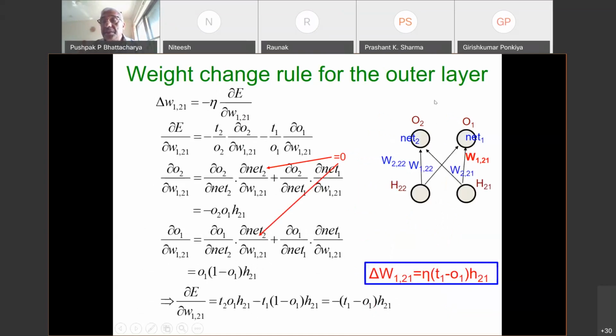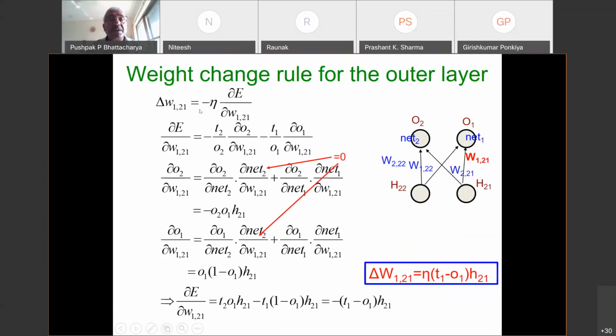Here is the picture. We are interested in this weight, which is shown in red, W1,21. 1 is the first neuron in the outermost layer, 21 is the first neuron in the hidden layer below. So apply the gradient descent rule and proceed from first principles systematically.